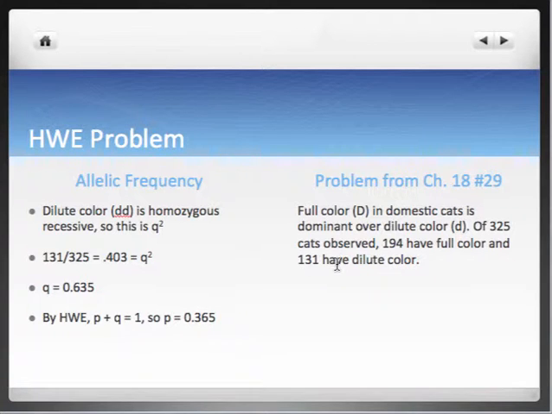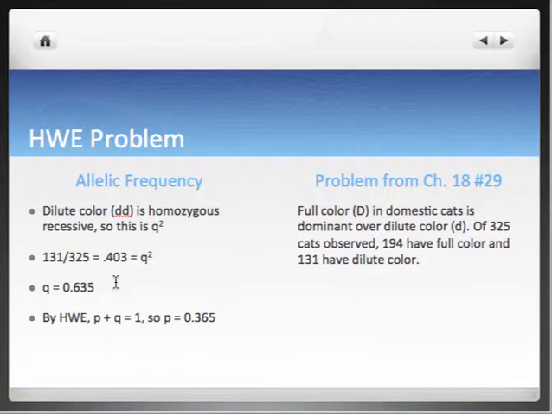We know that 131 out of the total population are dilute colors, so we say 131 divided by 325. That gives you 0.403. That is our Q squared value. To find Q, which is the allelic frequency, or how many little d's there are in the population, we just take the square root of that number, and that gives us 0.635.